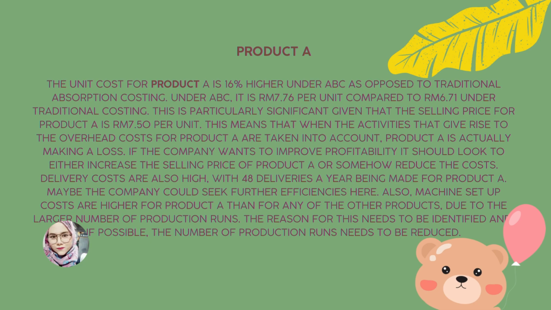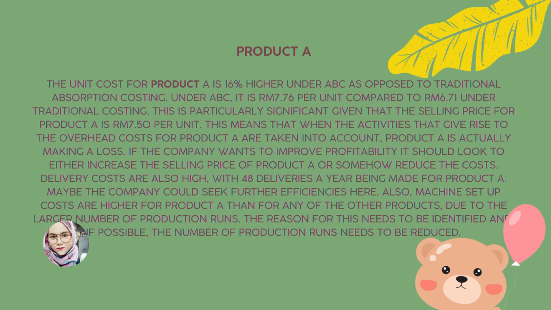This is very practically significant given that the selling price for product A is RM7.50 per unit. This means that when the activities that give rise to the overhead cost for product A are taken into account, product A is actually making a loss.